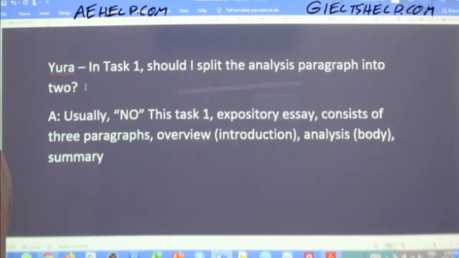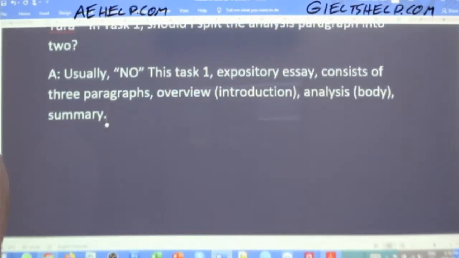So your question here, Yura, another way is, should I have two body paragraphs?